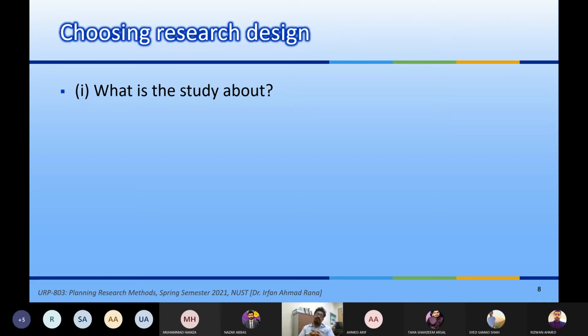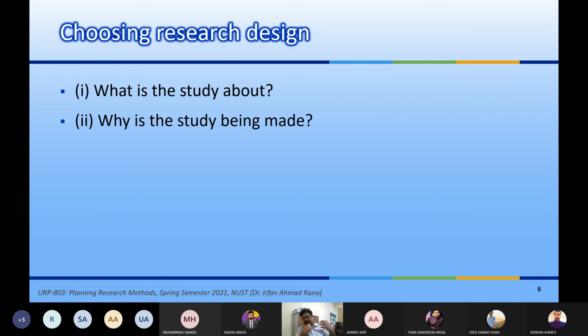So, what is the study idea about? You need to know what you are going to do. That is actually refining your research design, or designing your research framework or methodology.